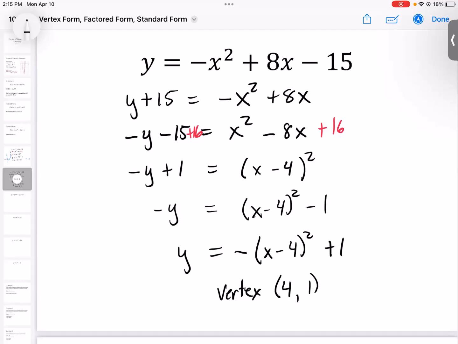That's how much it moves, and this is the number that moves it up and down. So this would be the vertex. Is this an upward facing graph or an upside down one? Yeah, it'd be upside down because the number that's being multiplied out front with the vertex form is negative. So that makes it an upside down graph.